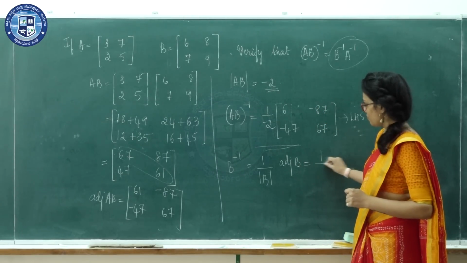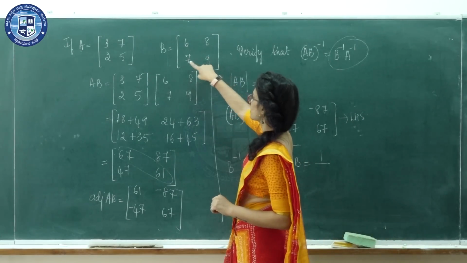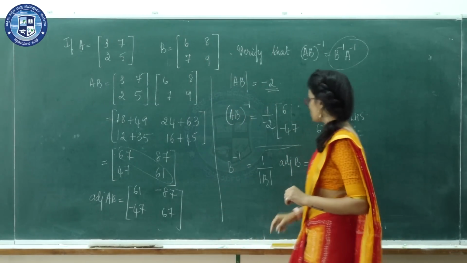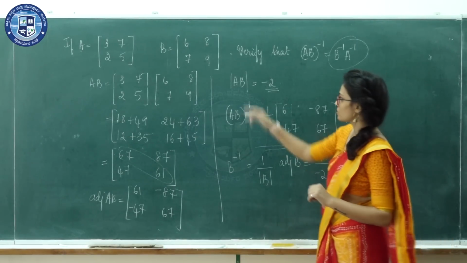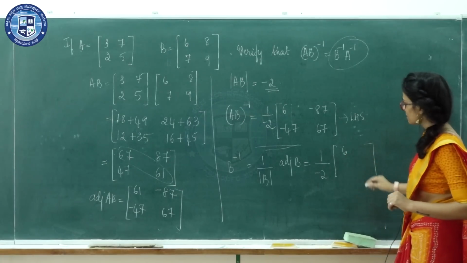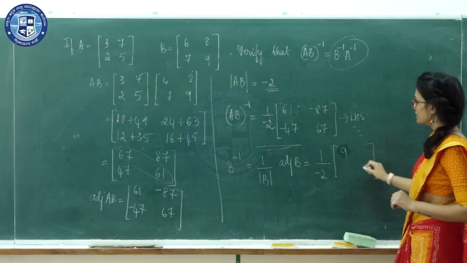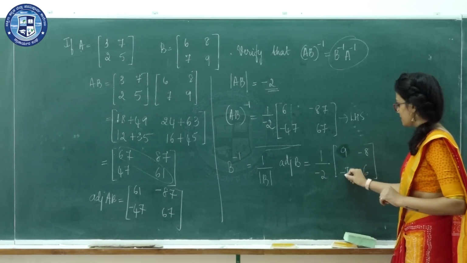So, we have 1 by determinant of B. So, that is 9 into 6 minus 7 into 8, you get minus 2 into adjoint of B. So, interchange the diagonal terms. So, this will be 9, 6, minus 8 and minus 7.